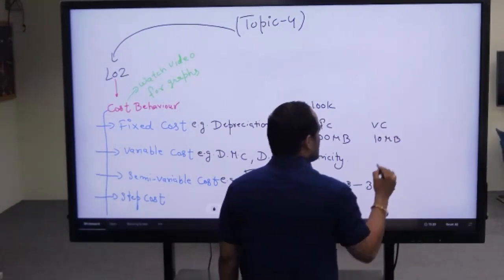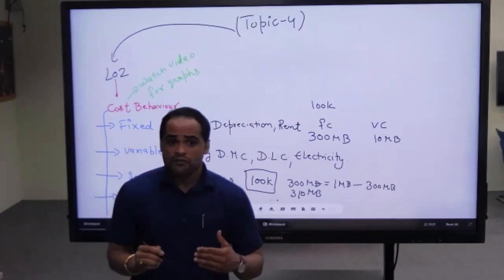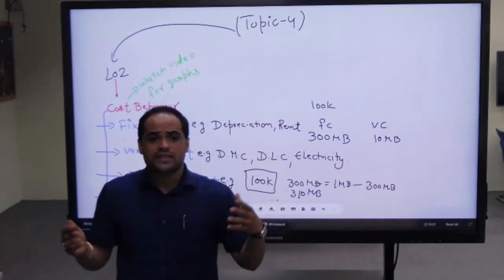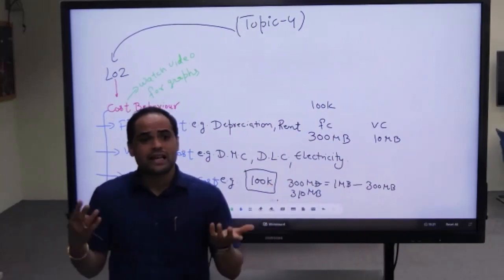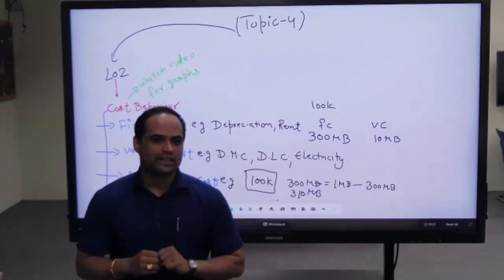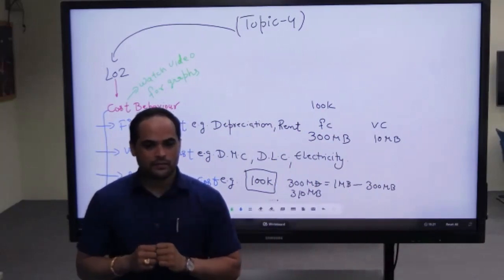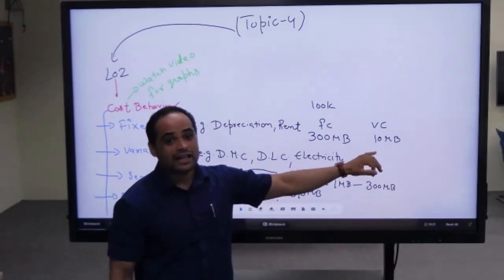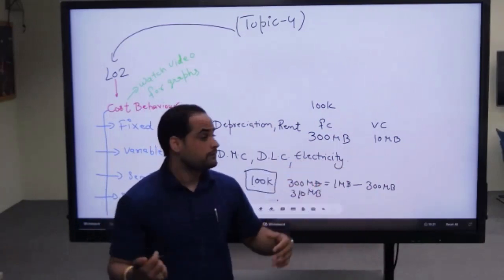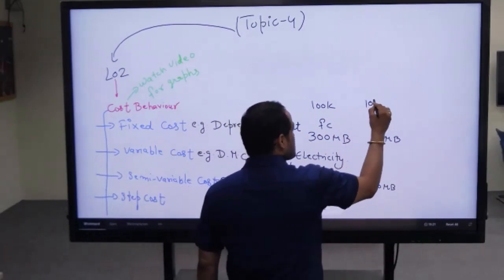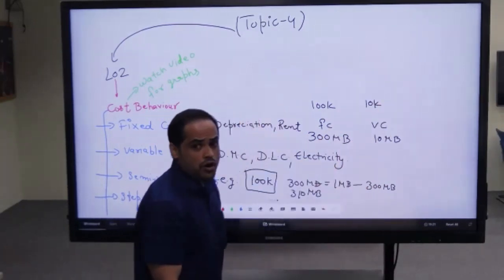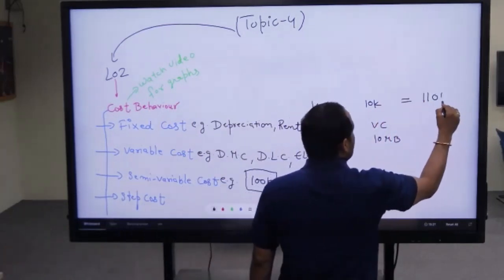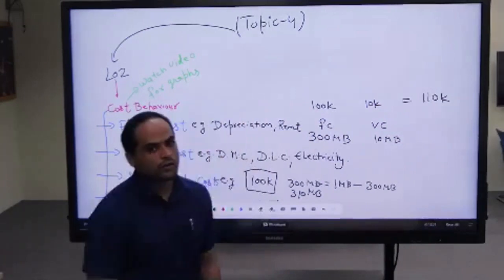So 10 MB is a variable because after 300 MB, the company is going to charge some money per MB. So let's say the company charges 1,000 Vietnam dong for 1 MB. You use 10 MB, so what does it mean? 10,000 Vietnam dong is your variable cost. So your semi-variable cost will be 110,000 Vietnam dong.